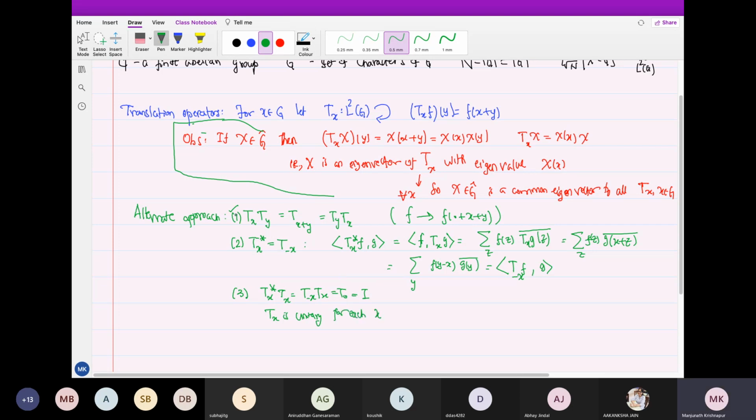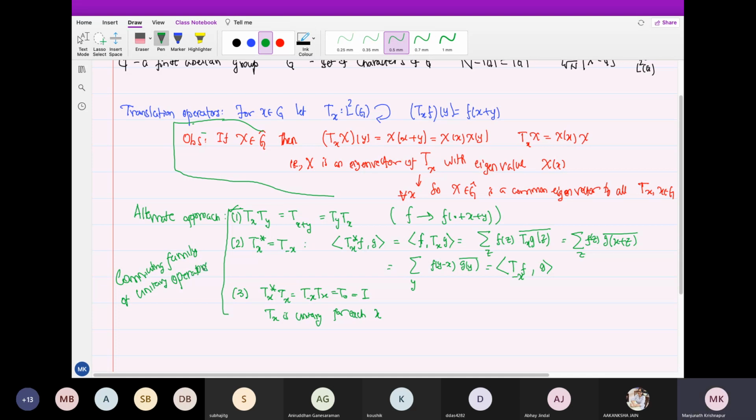All that I have done here is that we just define these translation operators and we observe that each of them is a unitary operator on L2 of G. Not only that, they commute with each other. So we have a commuting family of unitary operators.